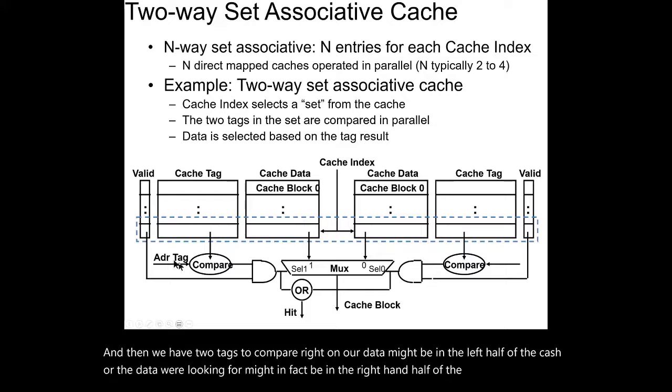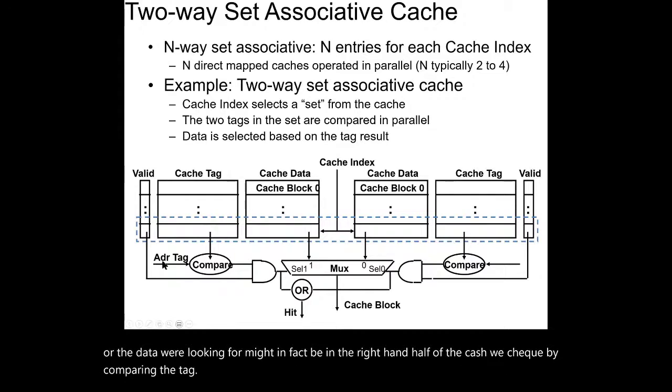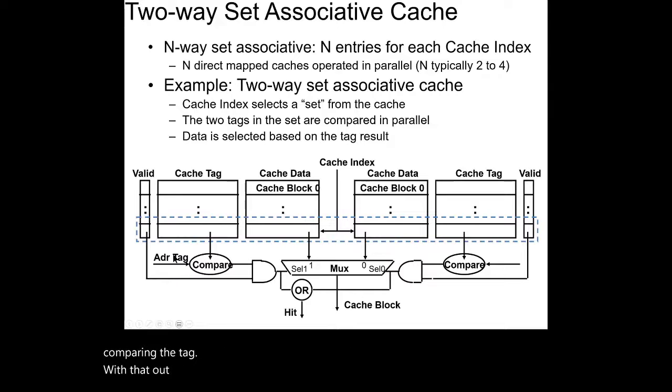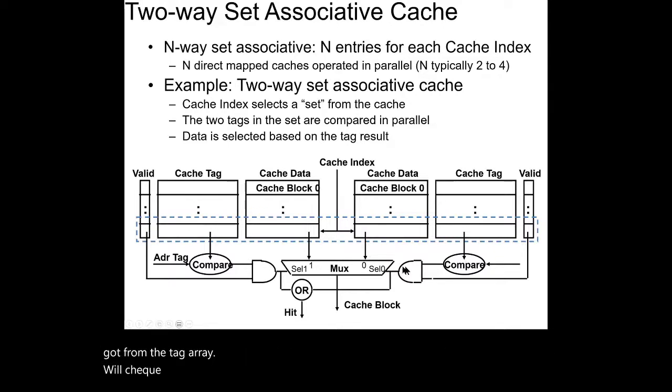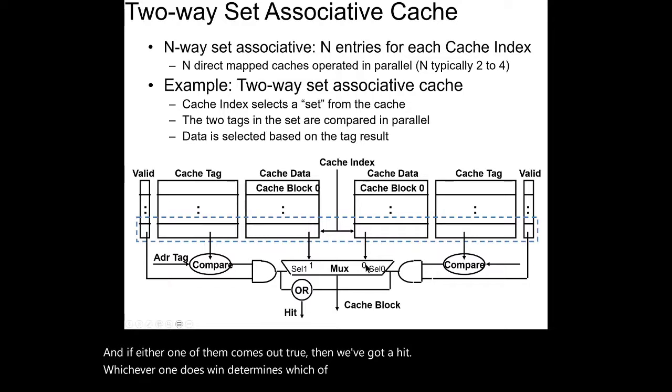We check by comparing the tag bits of the read address with the tag that we got from the tag array. We check the same thing over here, and if either one of them comes out true, then we've got a hit. Whichever one does win determines which of the data values we actually get.